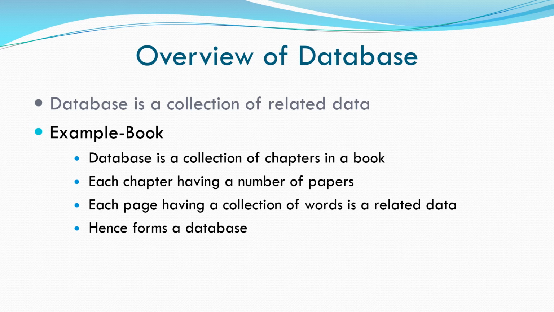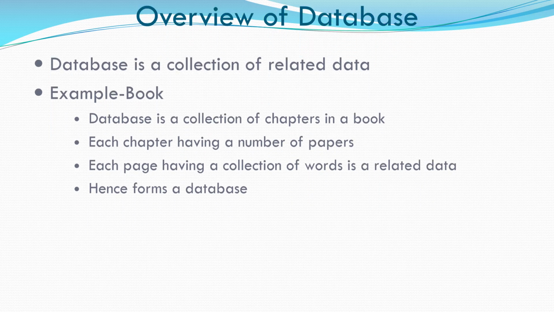Each chapter has a number of pages, and each page has a collection of words, related data, which forms a database here. The book has chapters, chapters have pages, and pages have a collection of words. In the same way a database forms here. A database is a collection of related data.